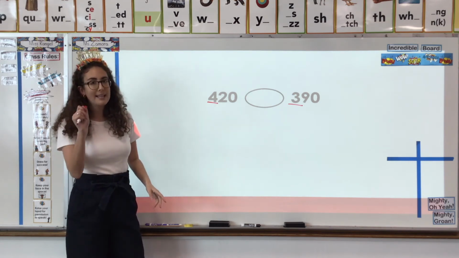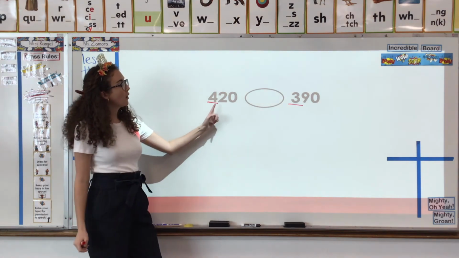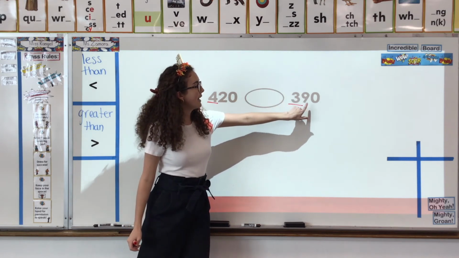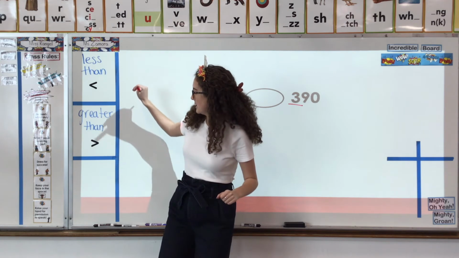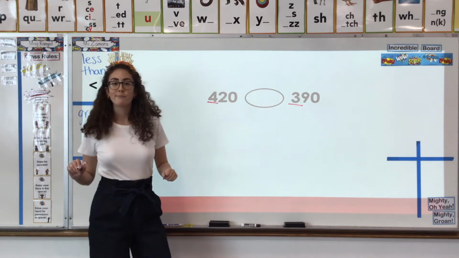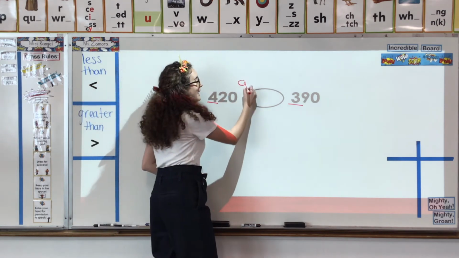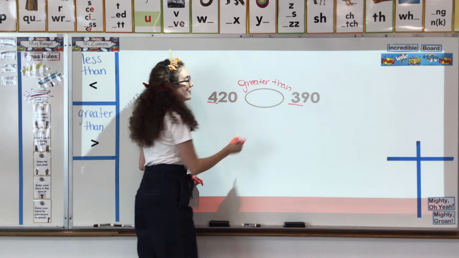So knowing that, second grade, what language can we use? 420 is then 390. What would we say? It's the bigger number. So it's greater than 390.